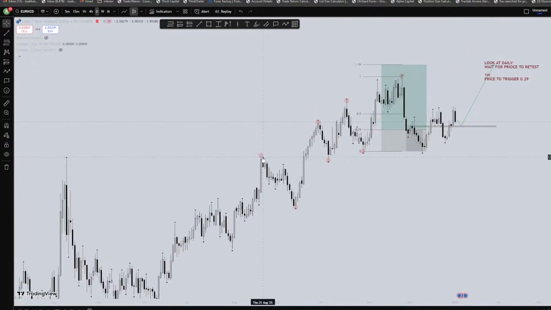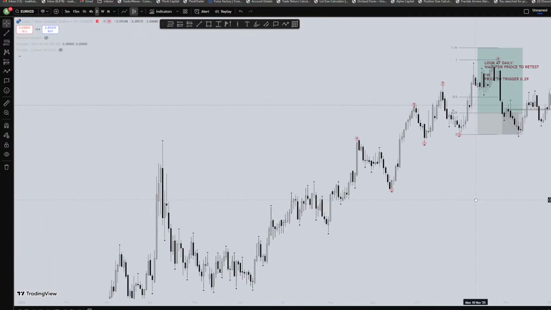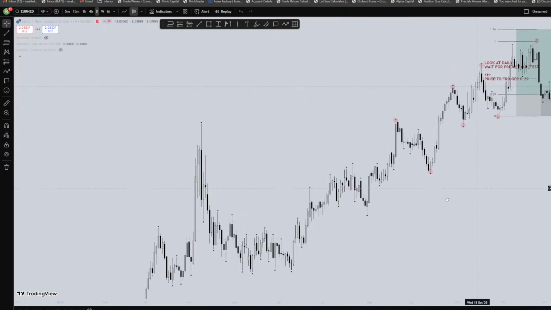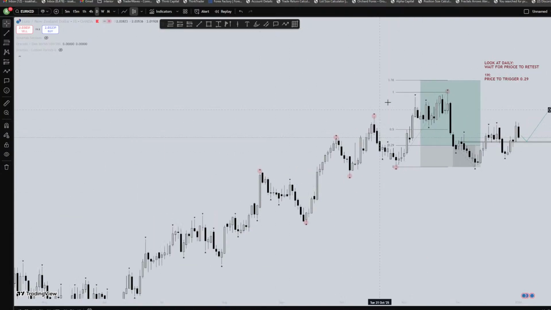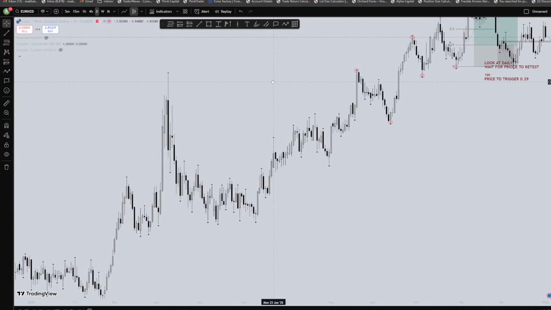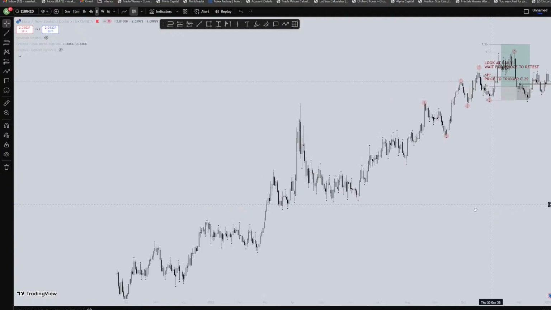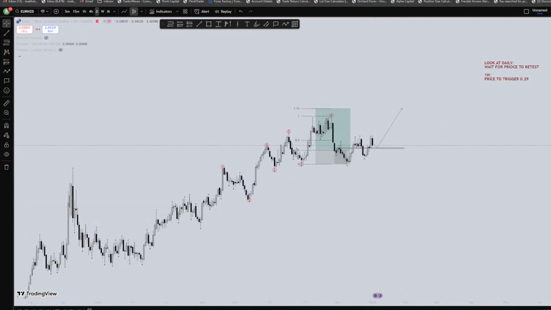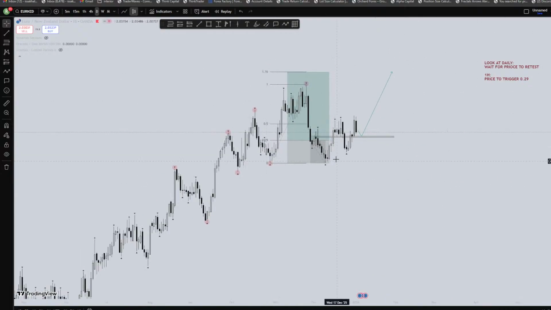Same. You can see from a consistent breaks of structure. So you're clearly bullish. This is also broken as well. You're clearly bullish. Yeah. And then price came.